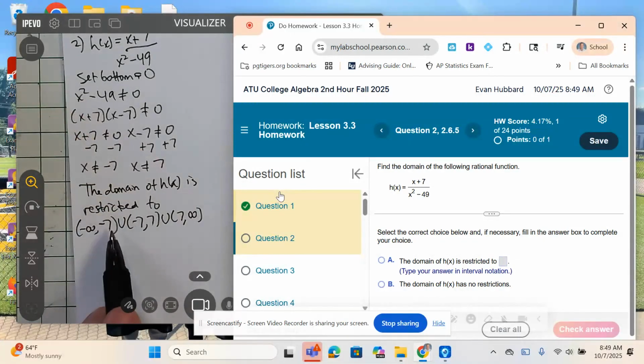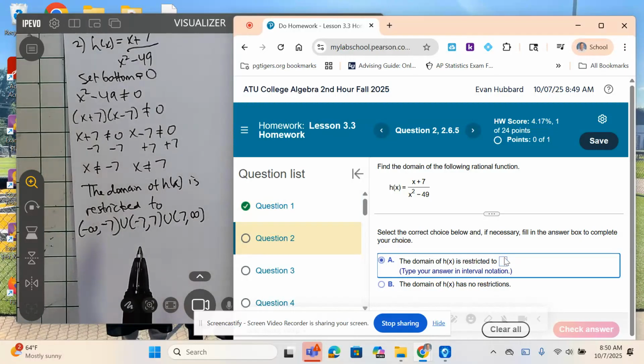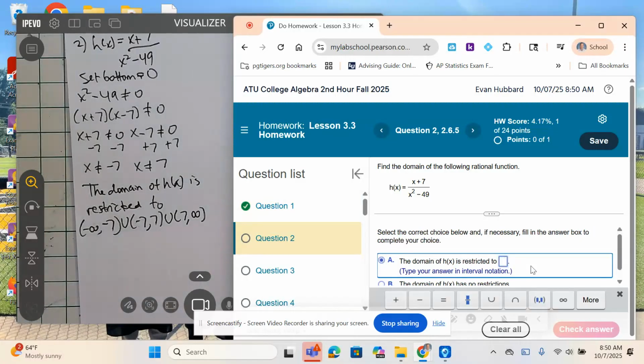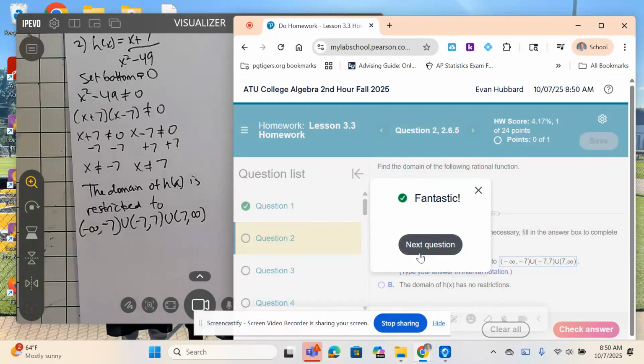This doesn't include negative 7, doesn't include 7 there. So negative infinity to negative 7, union negative 7 to 7, union 7 to infinity. Okay. Fantastic.